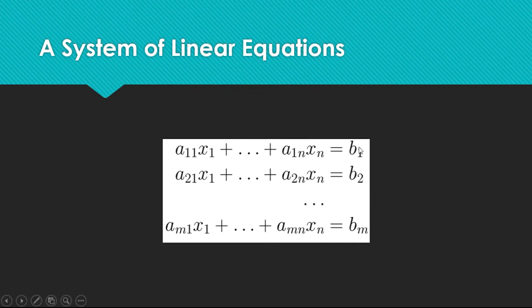It is a variable constant, so it may be 0, 1, 2, 3 or any other number. The system may be of two equations, or of three equations. So the system will be a relation of two or more than two equations.